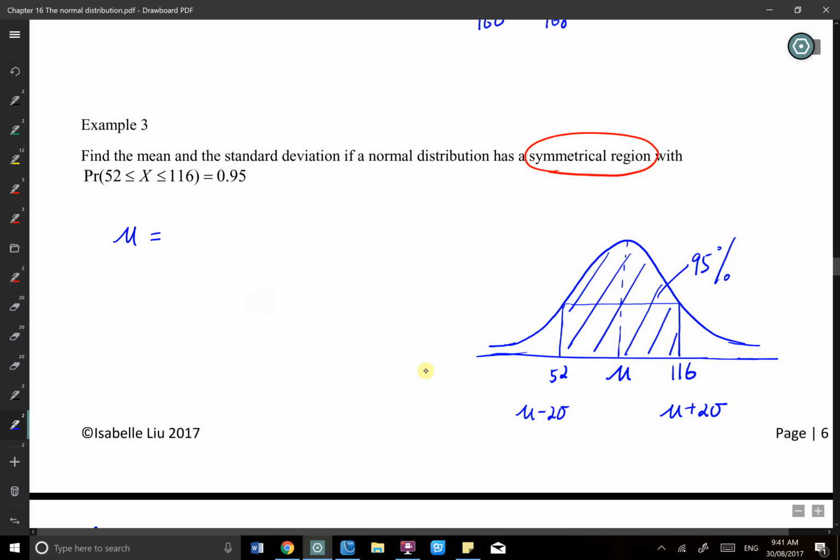So mu will equal 116 plus 52 divided by 4. That's 168 divided by 4, that is 42.